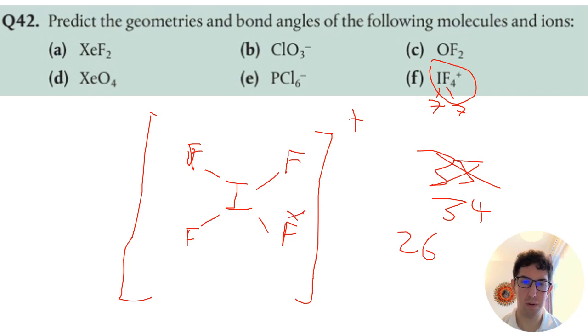Let's put them all around the fluorines first. That's going to be adding 6 to each fluorine, so that's 24. Excuse my drawings because I'm trying to do it with a mouse.